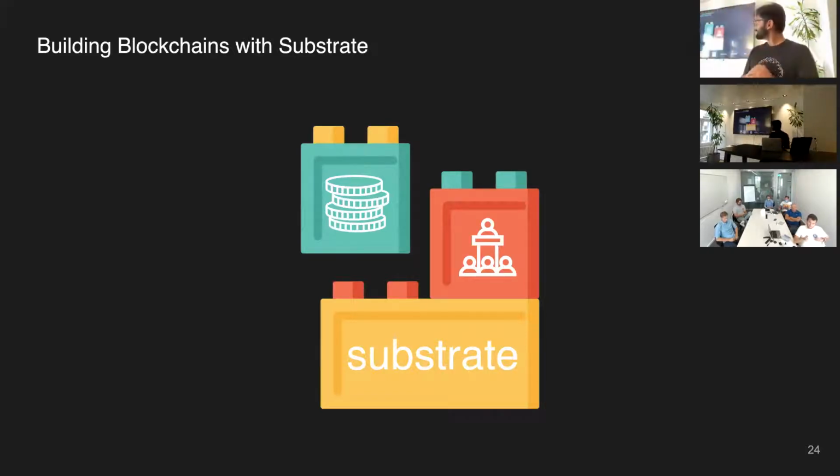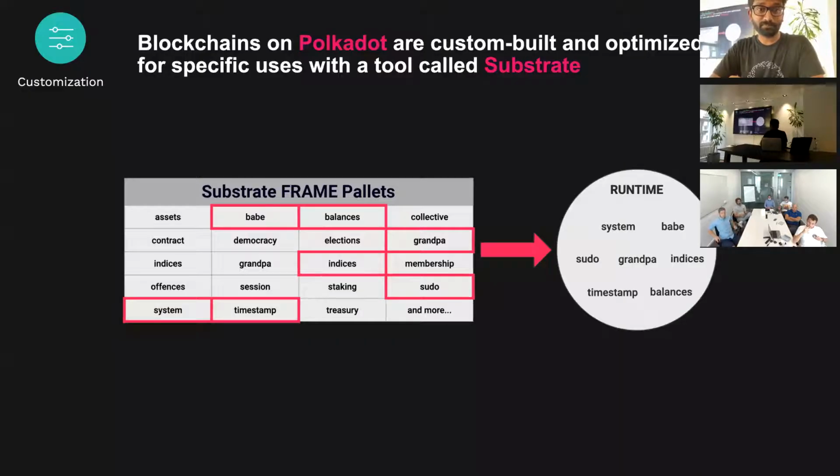Such kind of customizability already exists in the ecosystem, and it's going to allow you to rapidly build new projects if you'd like to. So here is an example. Substrate FRAME palettes, I talked about this earlier, include block finalization gadgets, which are again plug and play.